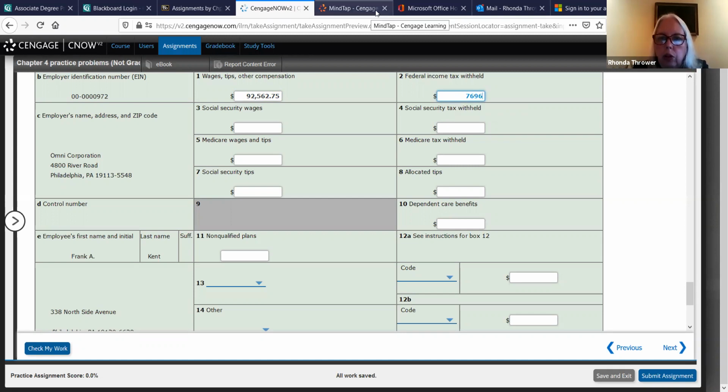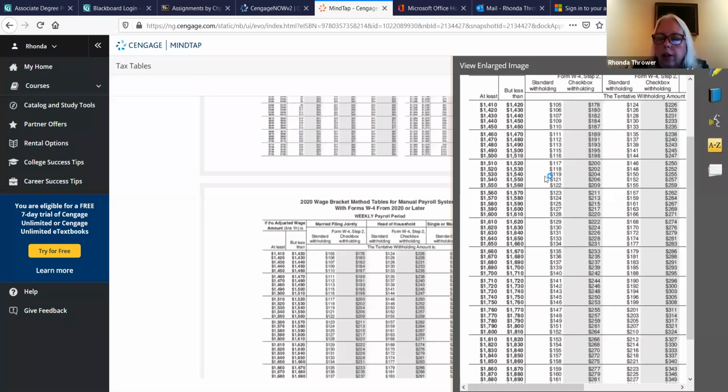Again, we went to the wage bracket tables. We looked up $1,775, which is between $1,770 and $1,780.